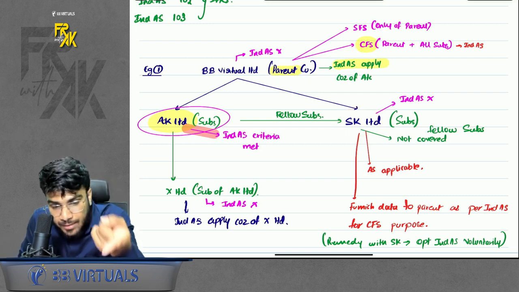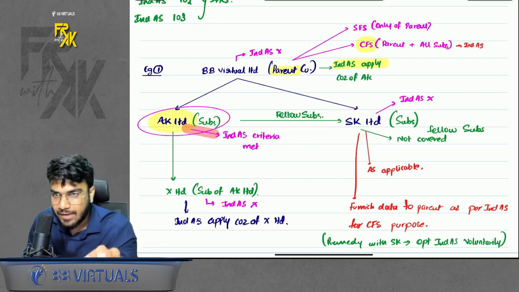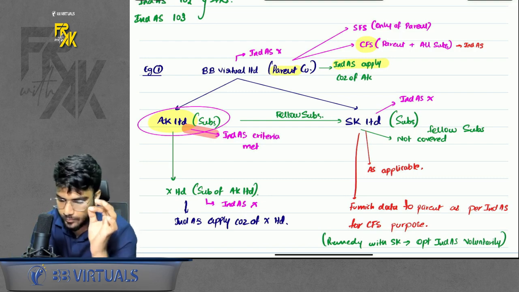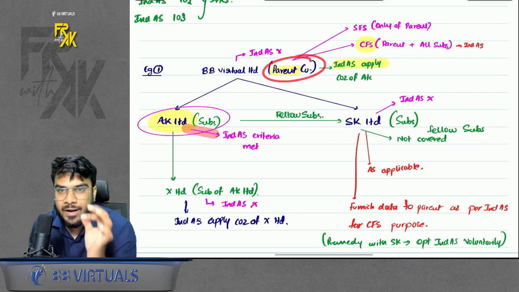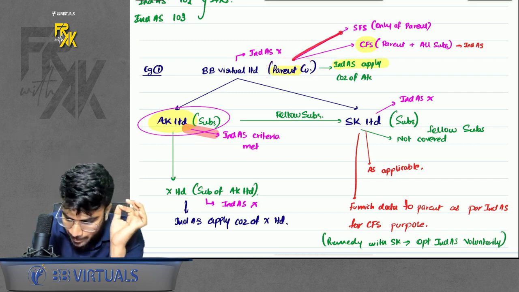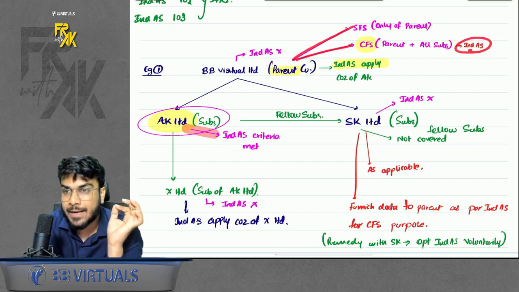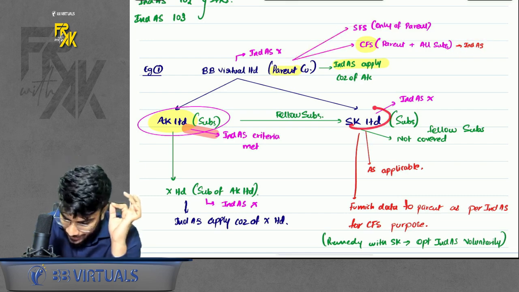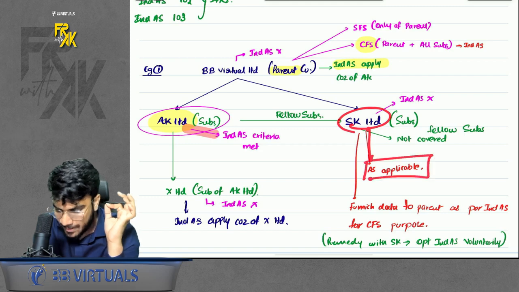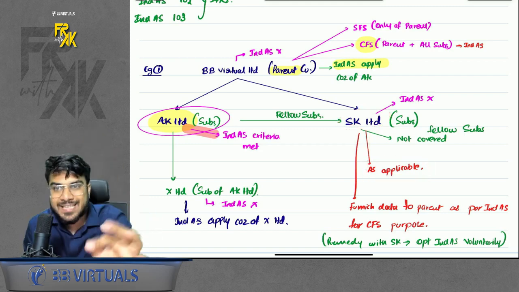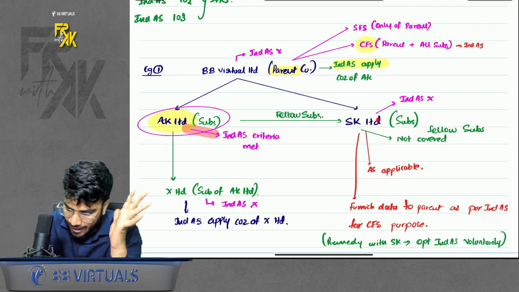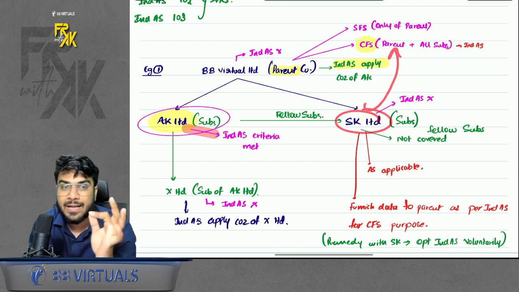But there was one more discussion which we just did, and that was if the parent is covered under Ind AS, the parent will have to prepare SFS and CFS both as per Ind AS. So even if SK is preparing its financials as per AS, for the purpose of CFS, SK will have to submit the data to the parent as per Ind AS also.